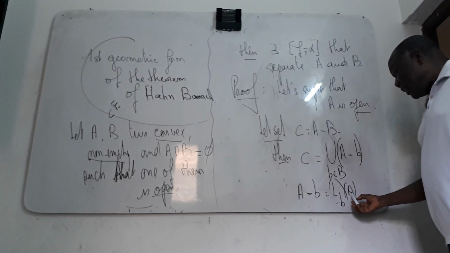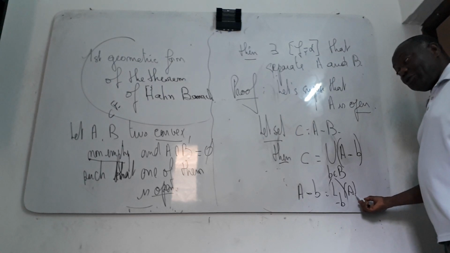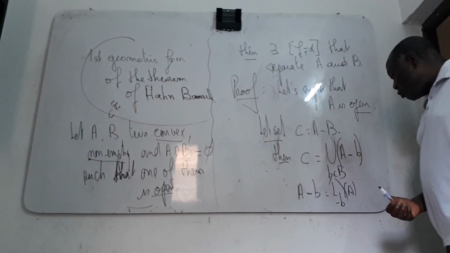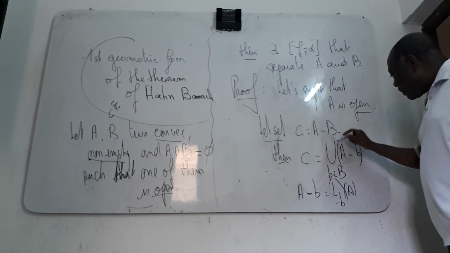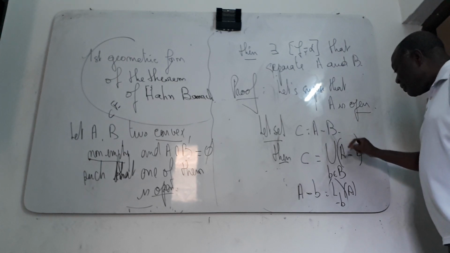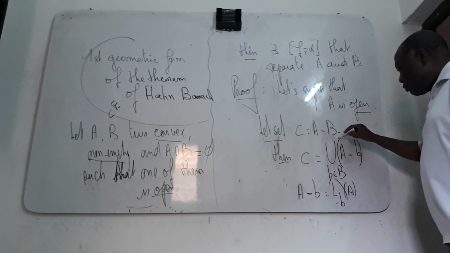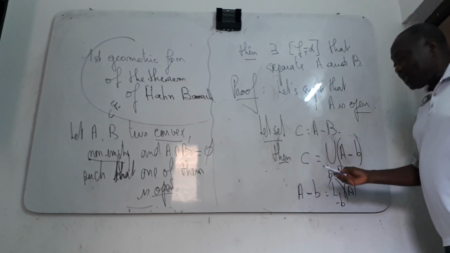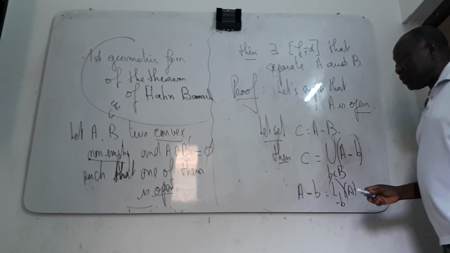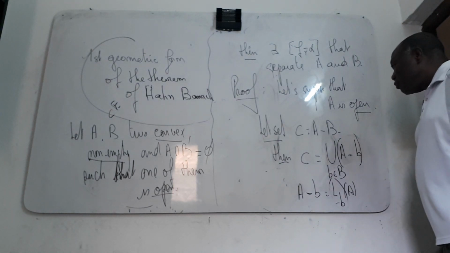If A is open, the image by the homeomorphism is also open. If A is closed, the image is also closed. So this one is open because A is open. You know already that an arbitrary union of open sets is open. Then C is open.